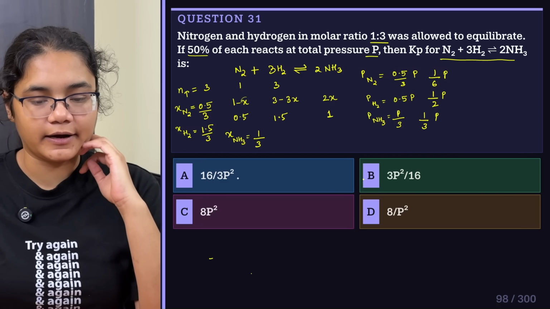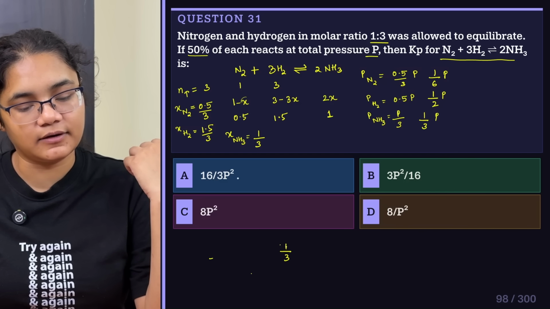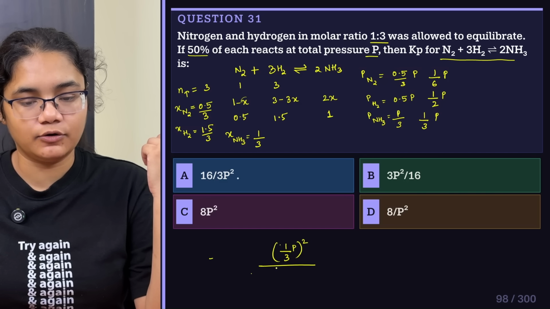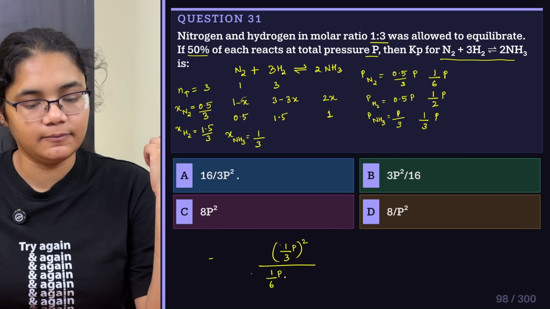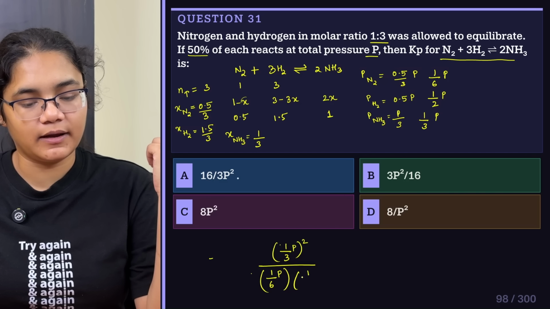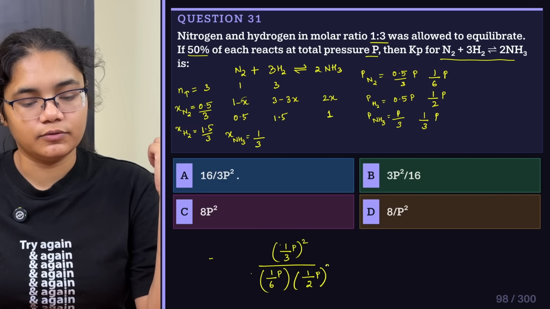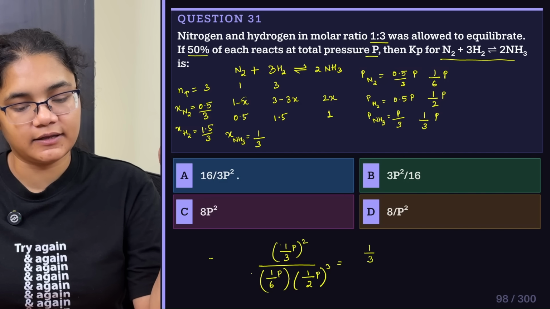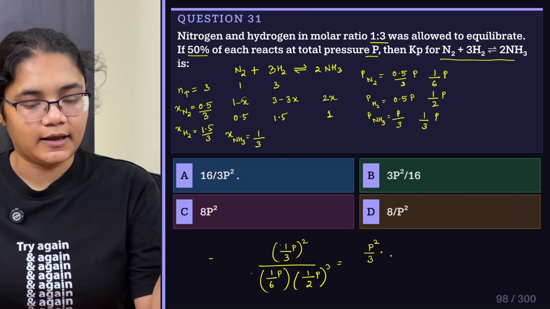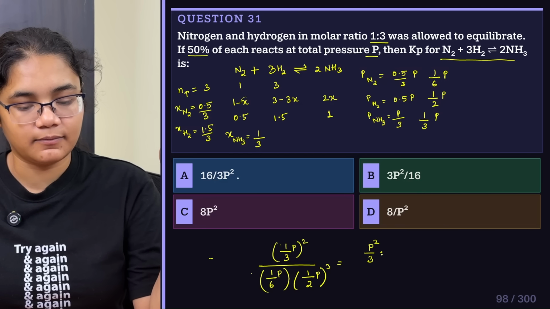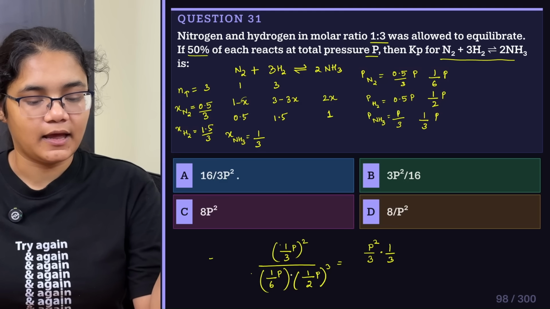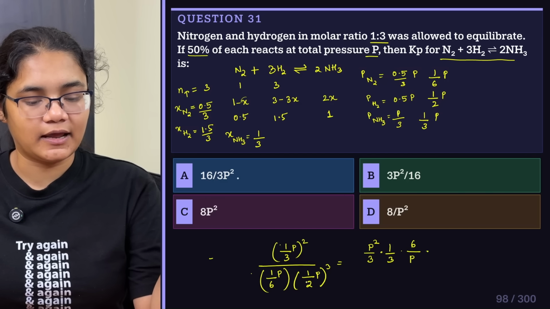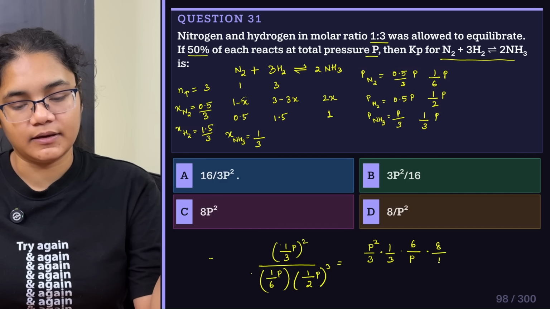Now I can write down here: 1 by 3 P whole square divided by N2, which is 1 by 6 P, and then 1 by 2 P whole cube. So I'll arrange this: 1 by 3 into 1 by 3 P square, and the 1 by 6 P will go up, so I will have 6 by P, and here I will have 8 by P cube.